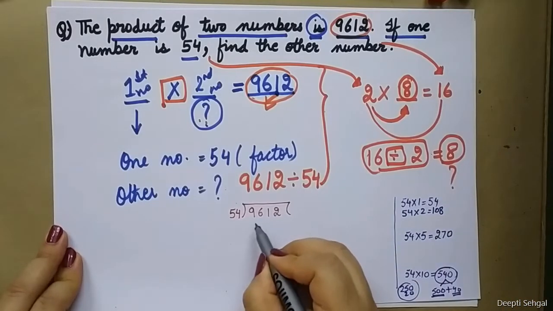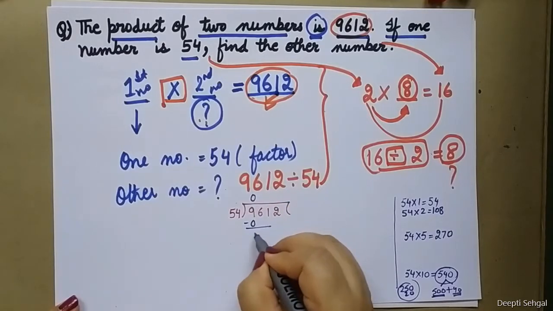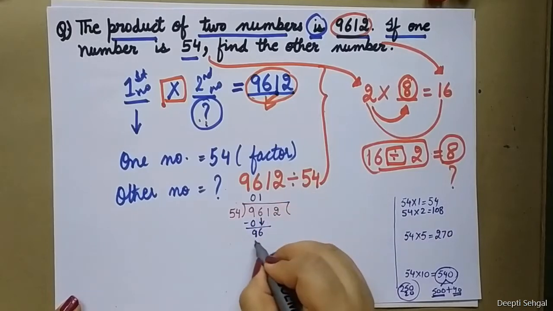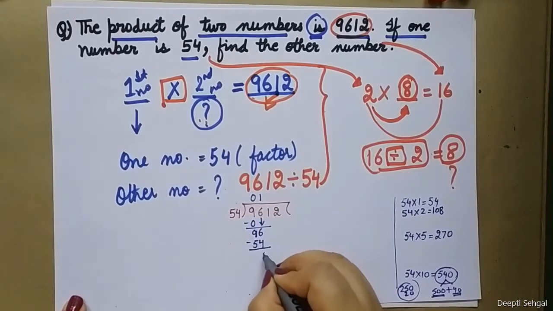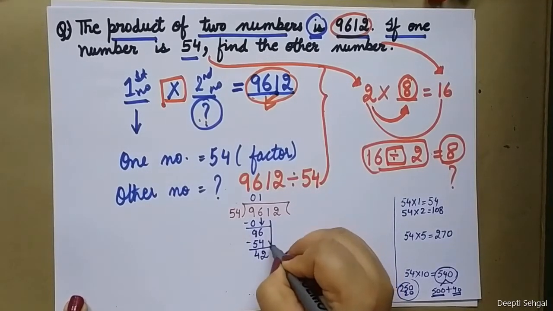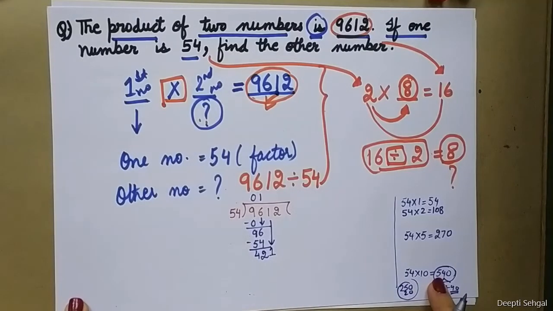So it is going more. First I will take 54 zeros are 0. We will get 96. Then 54 ones are 54. 6 minus 4 is 2. 9 minus 5 is 4. Now I am bringing down 1. Now my number is 421, which is near to this.